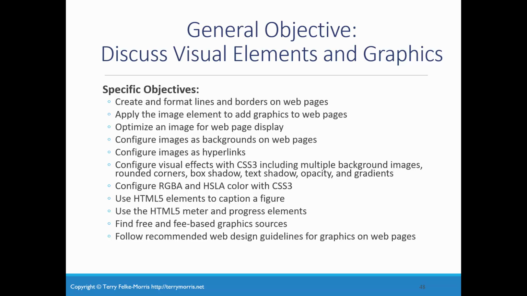We looked at rounded corners. I didn't really show you the box shadow or the text shadow. I did show you the opacity. I mentioned RGBA and HSLA. I did show you the HTML5 elements for captioning a figure. We quickly looked at the meter and progress elements. I talked a little bit about free versus not free graphic sources and some of the recommended guidelines.